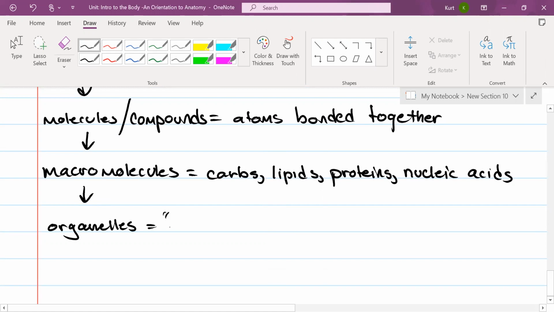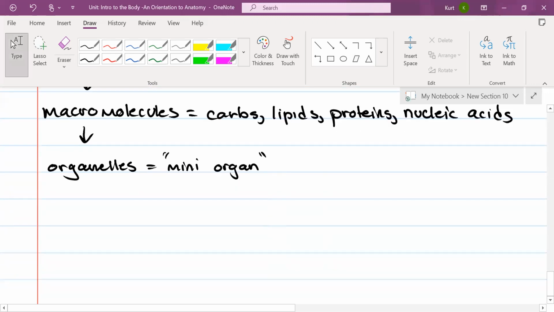Organelles means mini organ. Mitochondria, chloroplast. You're not going to see much chloroplast in here. Humans don't have those. Golgi, endoplasmic reticulum, lysosomes, your nucleus.